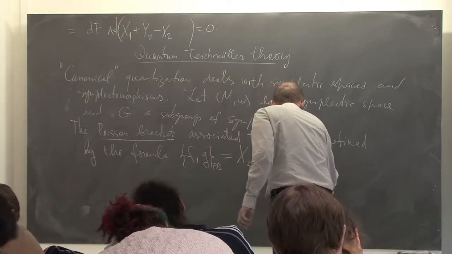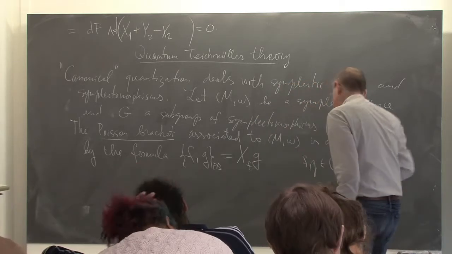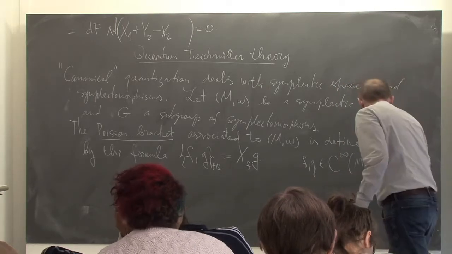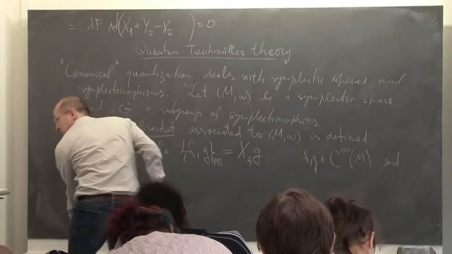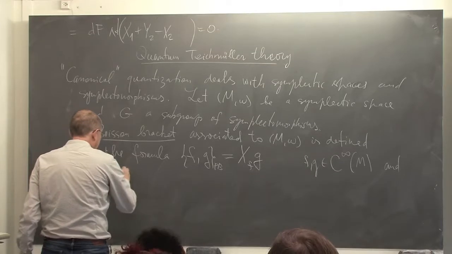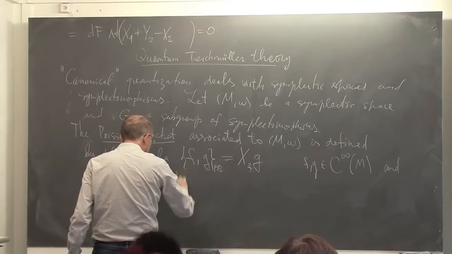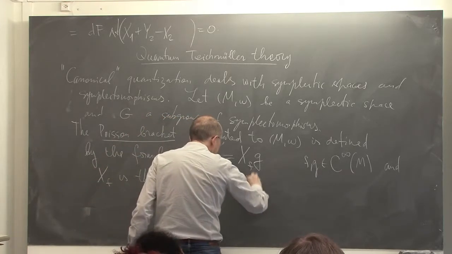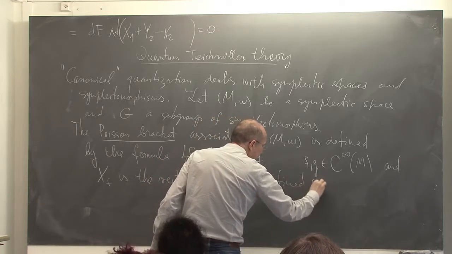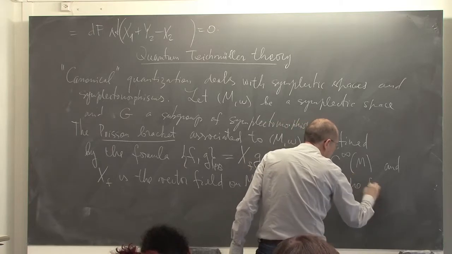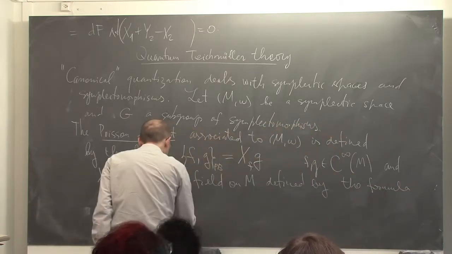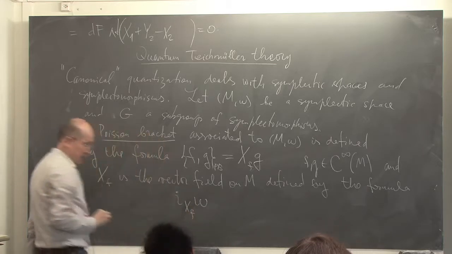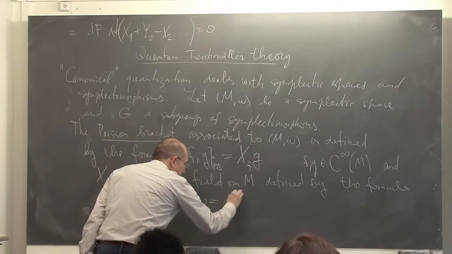So here, f and g are smooth functions on M, and X_f is a vector field on M defined by the formula: if we contract X_f with the symplectic form, then this will be the differential of f.